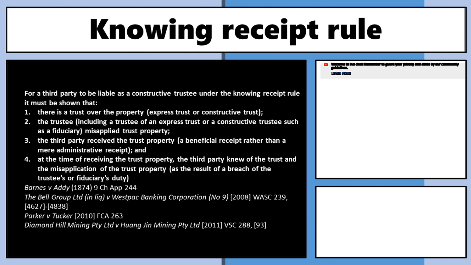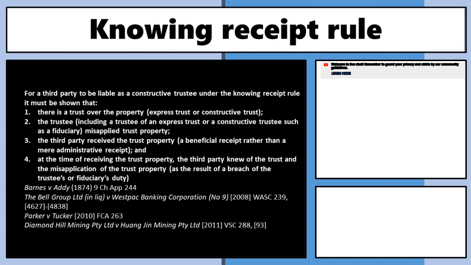If somebody is a constructive trustee and the trust property's all gone, you're still going to be able to get money from them. They're a constructive trustee. They're in breach of their fiduciary duty. That is why we are using this rule, and that's certainly something that you will be examined on.